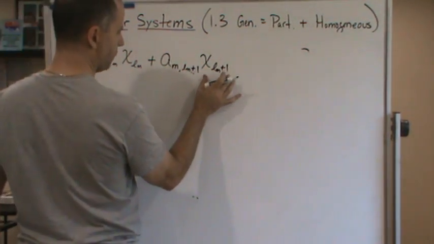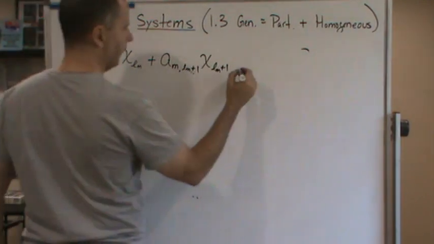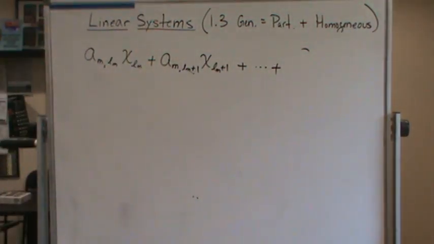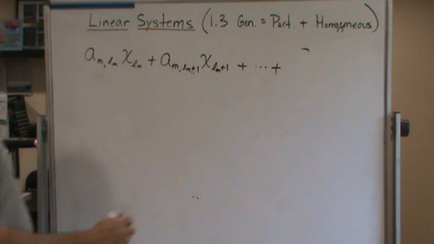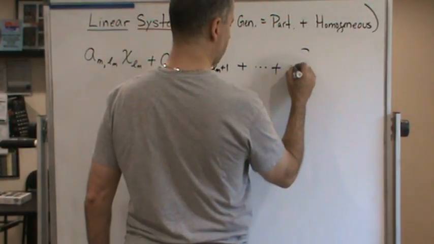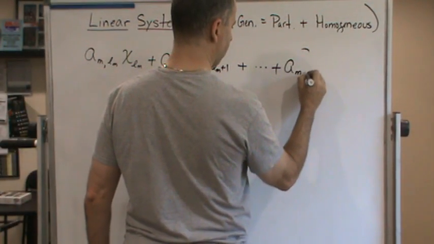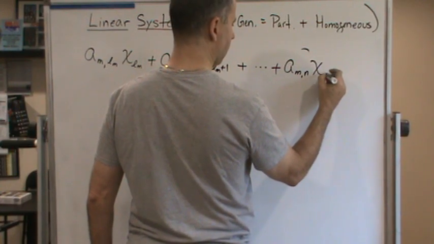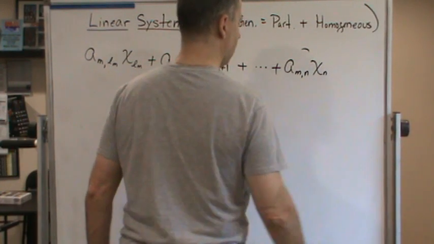So here's the first free variable, and then we'll continue in like fashion until we get to the final variable, which is going to be a sub m comma n times x sub n.